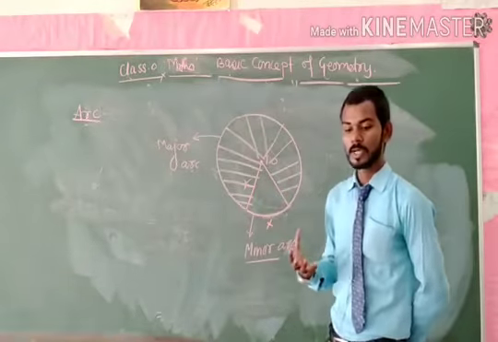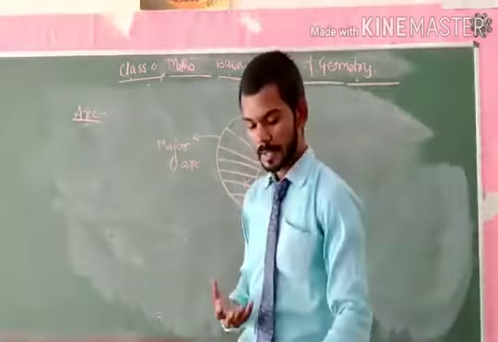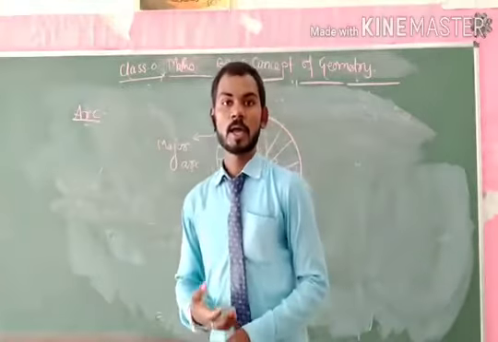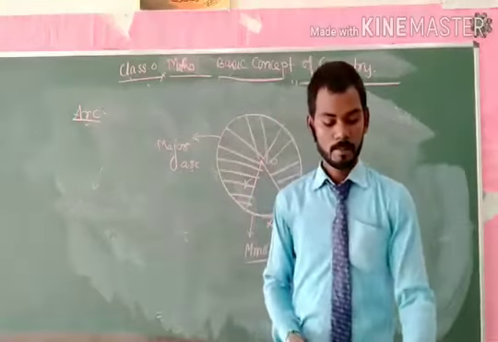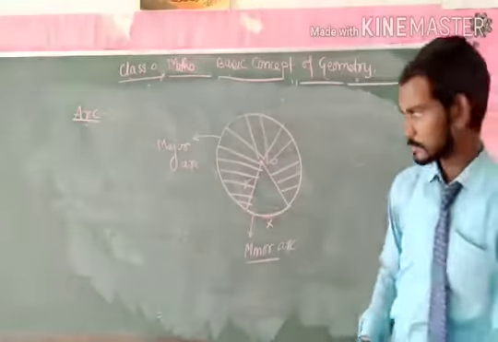Here also, the angle made by the radii at the center defines the major arc and minor arc.